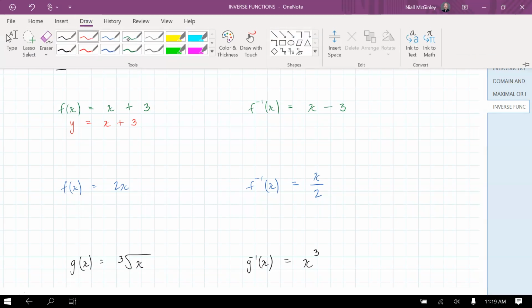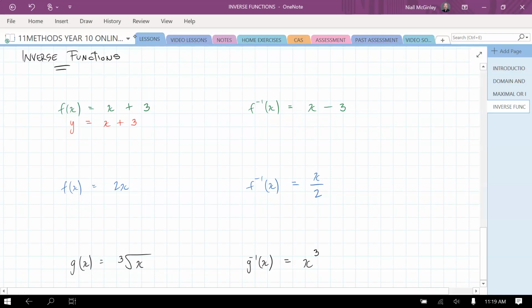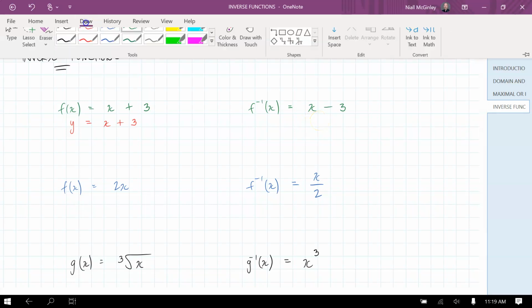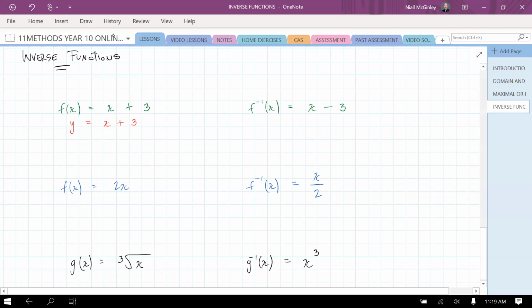So this is how you'd actually find the inverse. Now we know what the inverse is. We know that the inverse here is x take away 3 because the opposite of adding 3 is to take away 3. So we already know the answer, but this is how you would get the answer. What we do is we swap x and y around. This is a way of rearranging it so we get the inverse function.